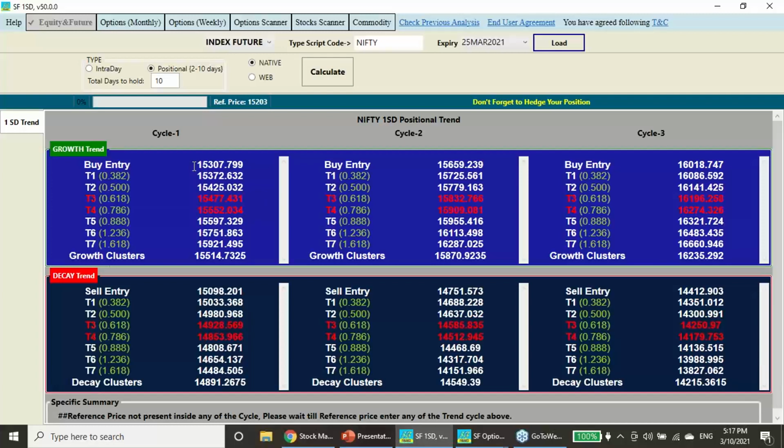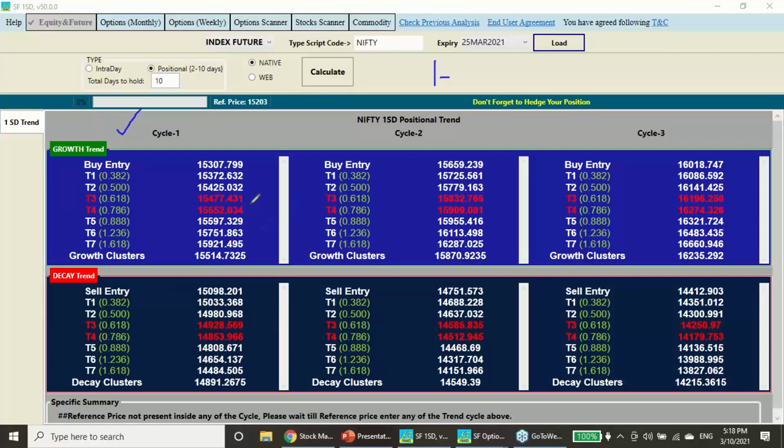This says that if 15,300 gives a crossover, you can have a range of 15,477 to 552. This red zone that you are seeing here is the reversal zone. I am demonstrating this with our one standard deviation real-time software.